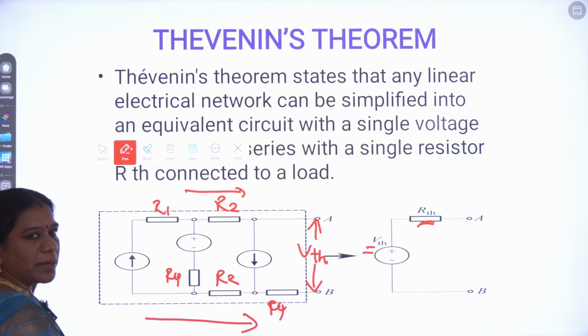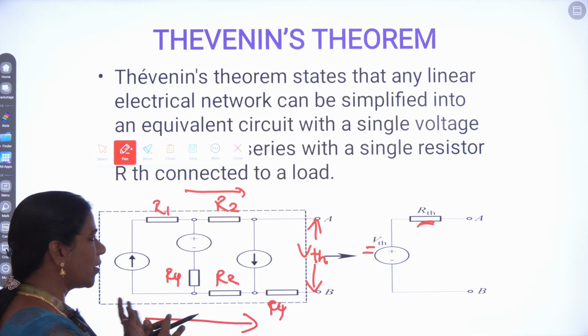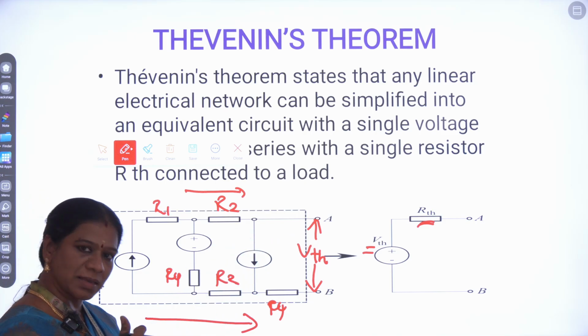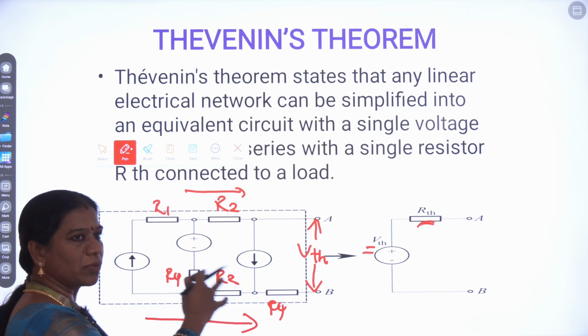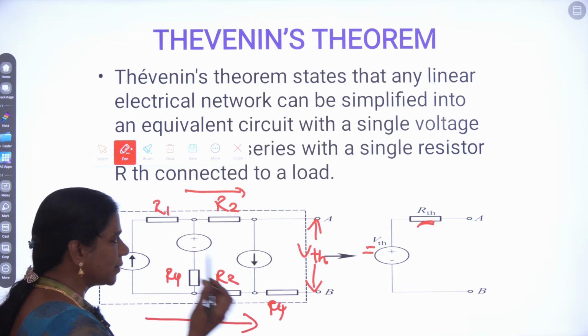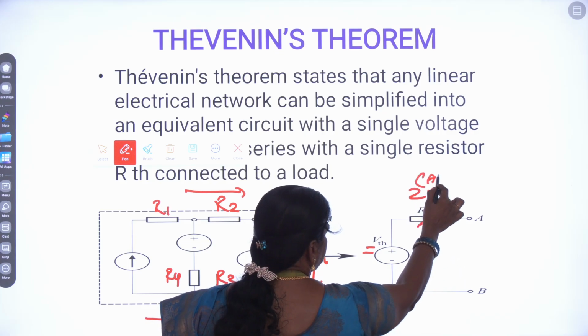Towards the open circuited terminal we have to calculate what is the resistance present in the circuit. In case of a DC circuit we call it the Thevenin's resistance. In case of an AC circuit, if we have inductive or capacitive elements, it may be the Thevenin's impedance. At that time this RTH will be replaced by ZTH for AC.